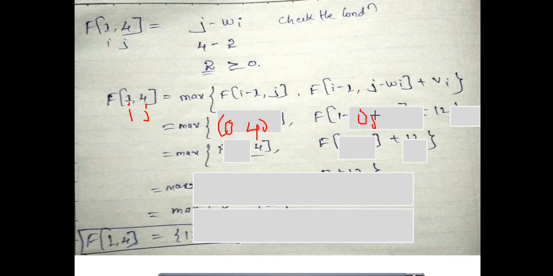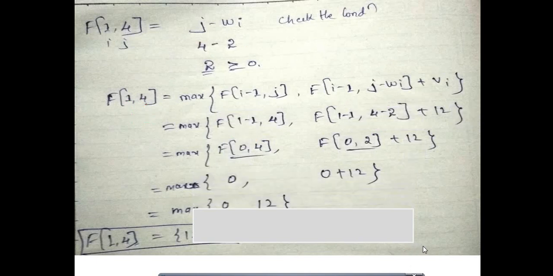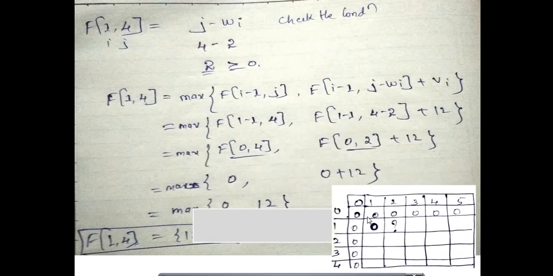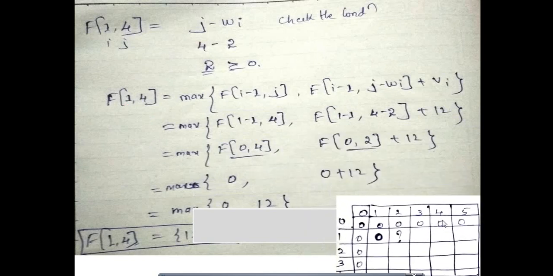And i minus 1 is 0, j minus wi. What is wi? 2. So j minus wi is 2, plus vi value 12. Refer to the previous table for 0 comma 4. What is the answer? 0.